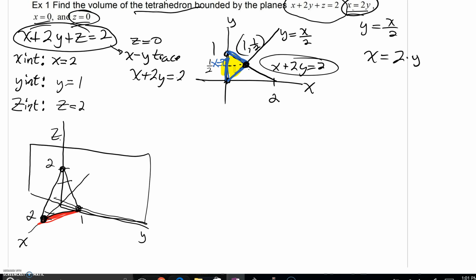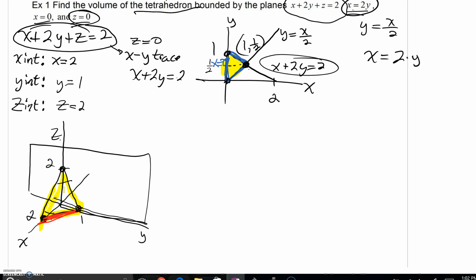That's really on the floor where I'm going to be set up. So I'm going to go above that triangular region. And of course, I've got this slanting plane right here that we started talking about. And we're going to be finding that volume. Of course, we're making a tetrahedron.